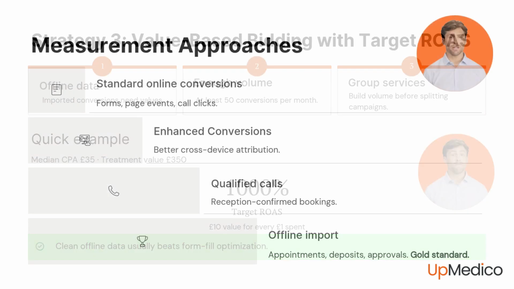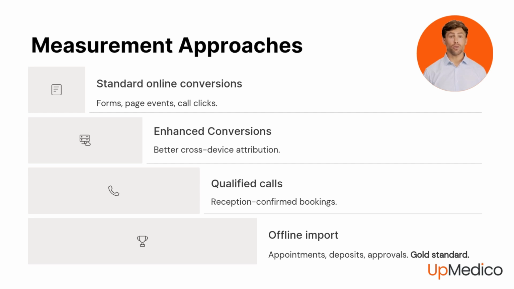is met. It is worth understanding the difference between offline conversion tracking and the related approaches your account may already be using. Standard online conversion tracking, form fills and call clicks, is a baseline that all clinics should have. Enhanced conversions improve attribution across devices using hashed email or phone data, but they do not improve the quality of the outcome.